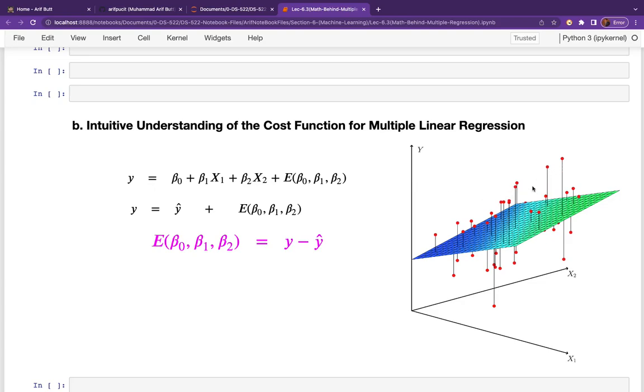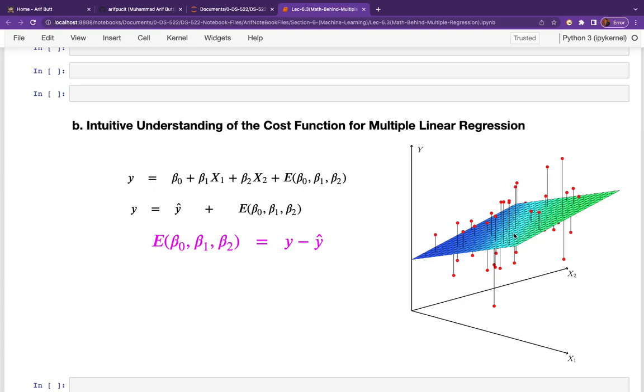These red dots represent the actual or true values, while the corresponding points on the plane represent the predicted values. And once again, we need to minimize the sum of the squared vertical distances between the actual observations shown by these red dots and the plane.